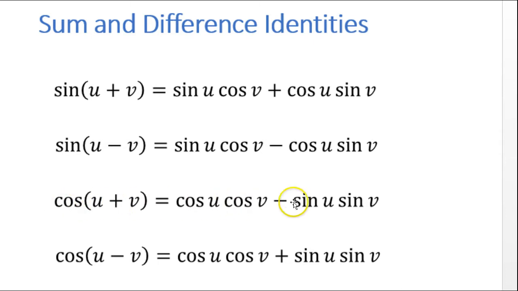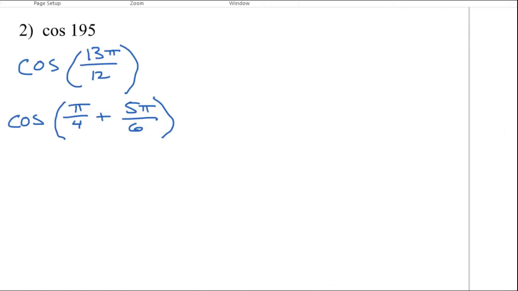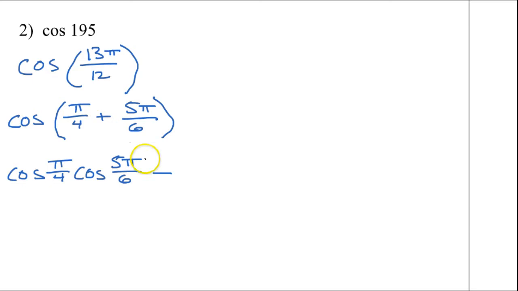So I'm going to use this formula right here, the cosine of something plus something. According to that formula, I should be able to write this as the cosine of pi over 4 cosine 5 pi over 6 minus, notice the sign change, sine pi over 4 sine 5 pi over 6.